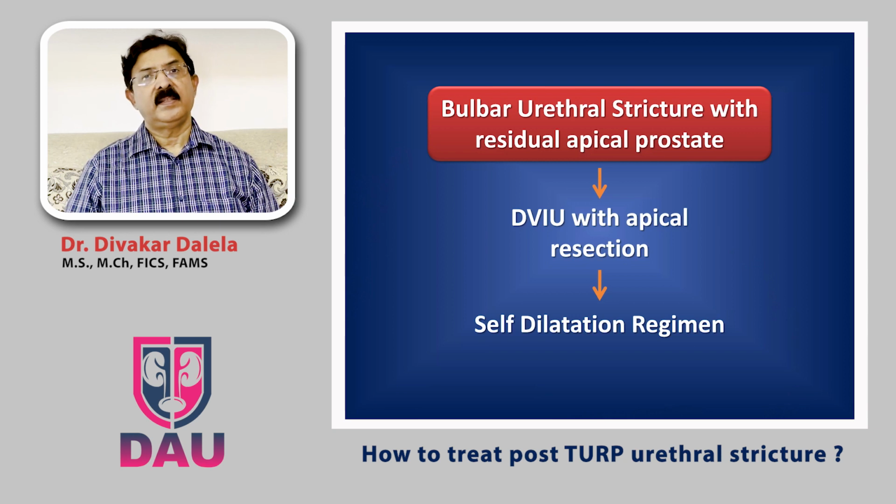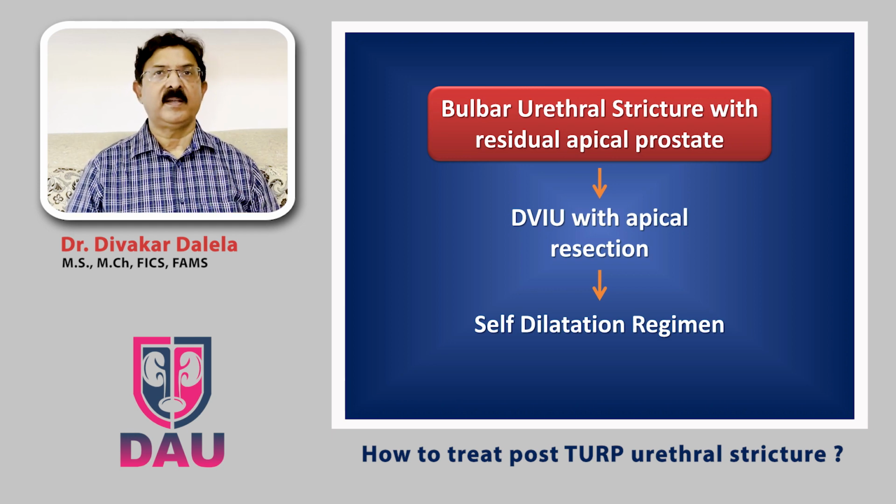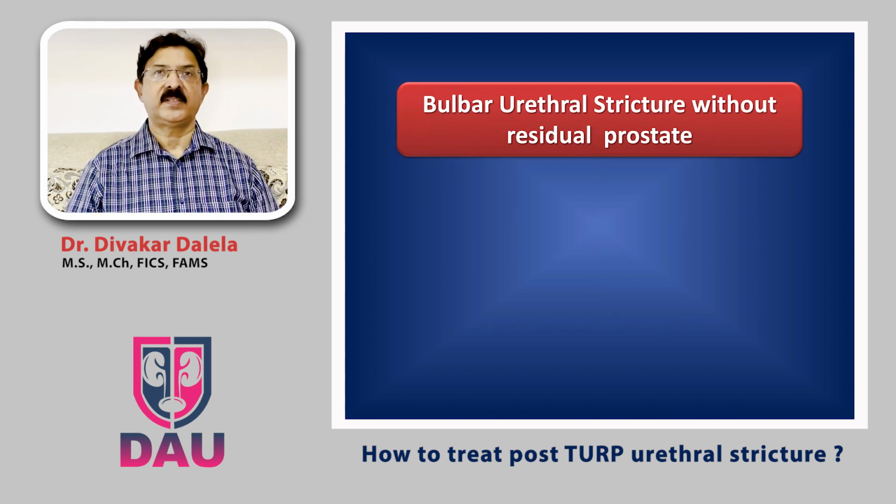Then the patient may have stricture in the bulbar urethra. Again, some patients will have stricture with residual apical prostate or residual one lobe, depending upon what the previous surgeon has done. So you have to combine DVIU along with apical resection and follow it with self-dilatation.